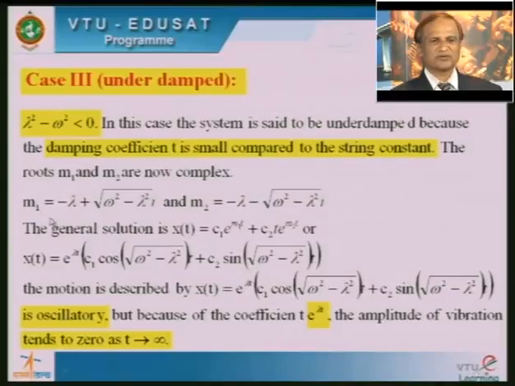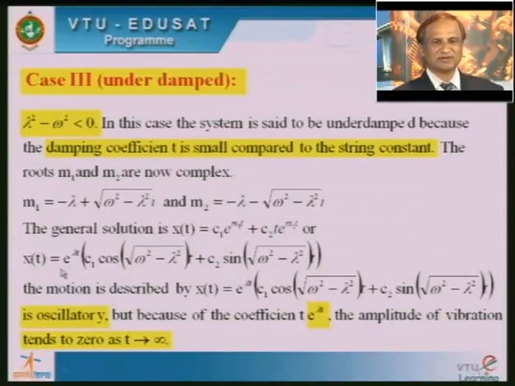So, how are we going to write it down? m1 is equal to minus lambda plus square root of omega square minus lambda square times i. m2 is equal to minus lambda minus square root of omega square minus lambda square times i. Is it clear? The general solution is x of t is equal to, right? C1 into e to the power m1 t plus C2 into e to the power m2 t. Is it clear? Here the roots are complex.